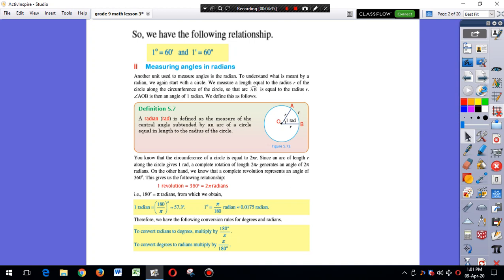Approximately, it is the same as 57.3 degrees, and 1 degree is equal to pi over 180 radian, approximately 0.0175 radian. Therefore, we have the following conversion rule for degree and radian. To convert radian to degrees, multiply by 180 degrees over pi. And again, to convert degree to radian, multiply by pi over 180.